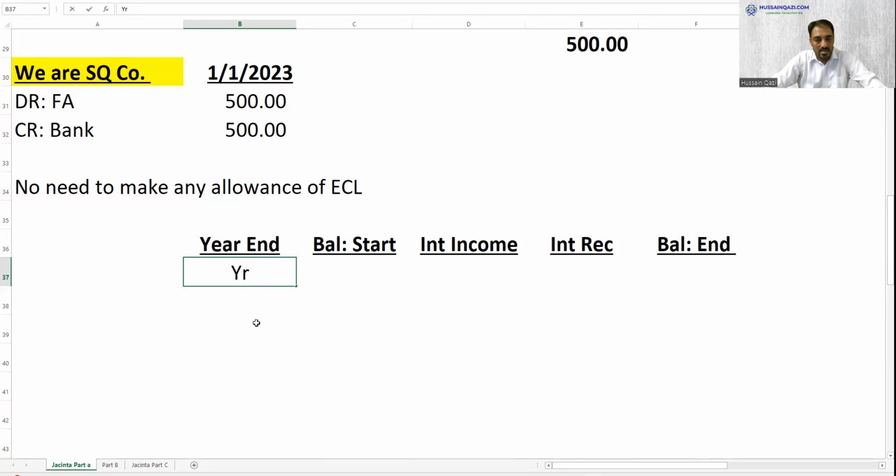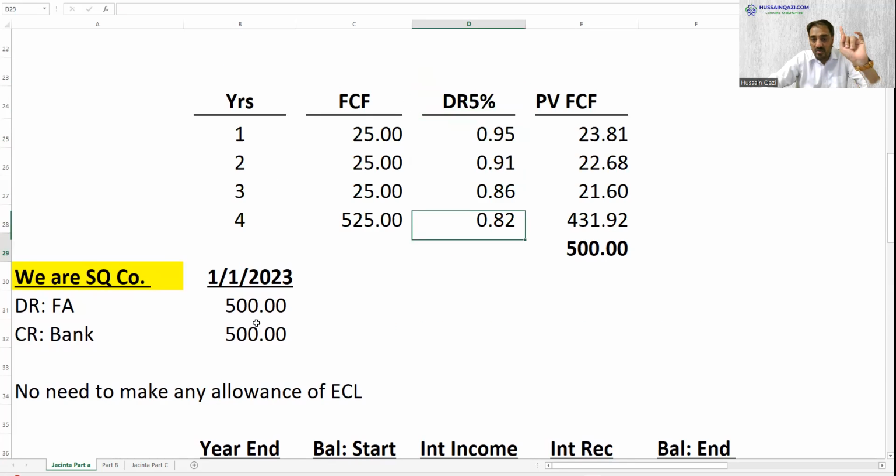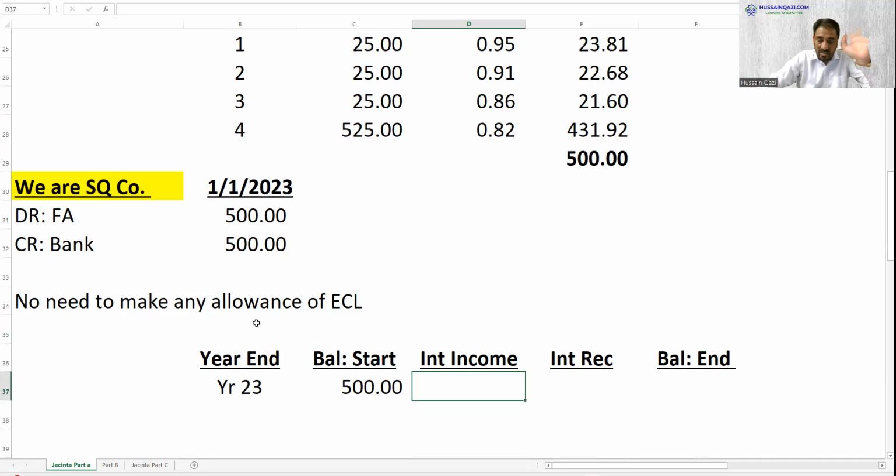Year end 23, balance starts with 500. What was the commitment? If all the things settle by the original commitment, then the effective interest rate is 5%.